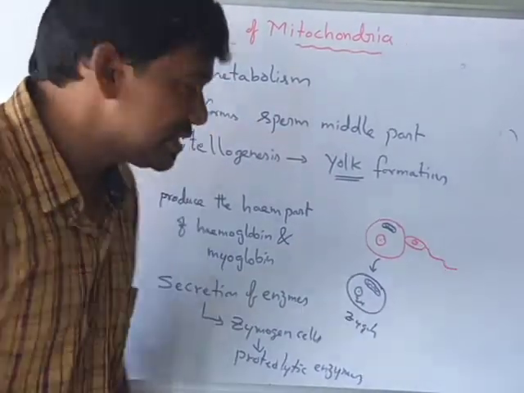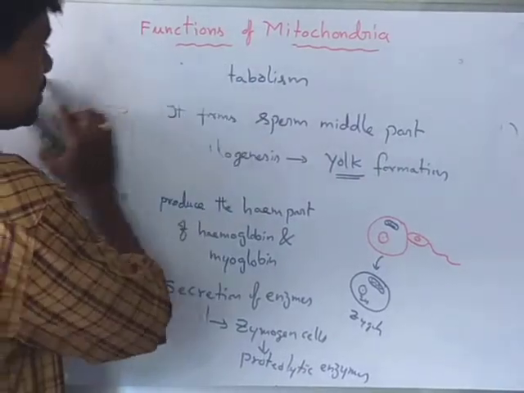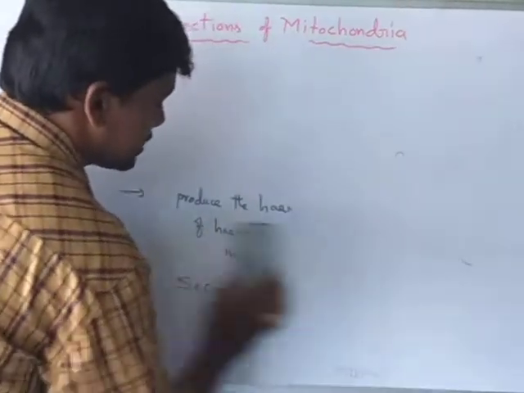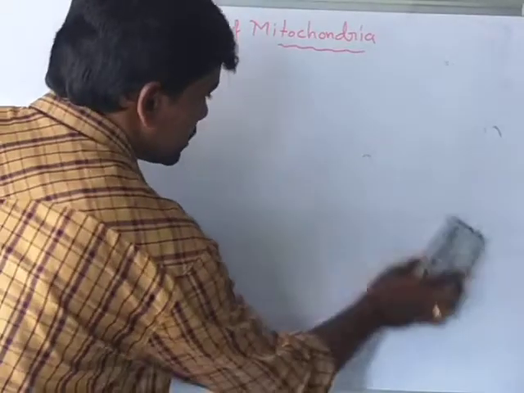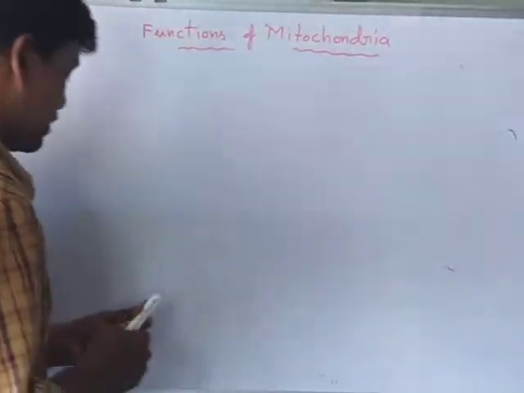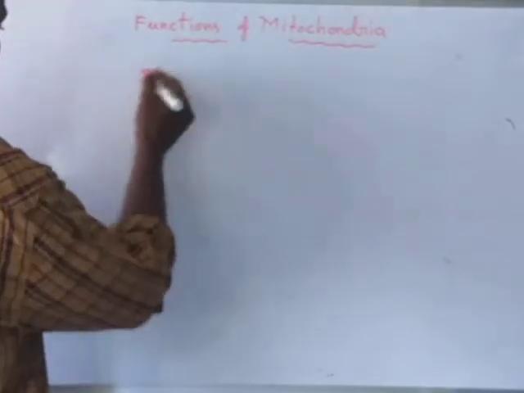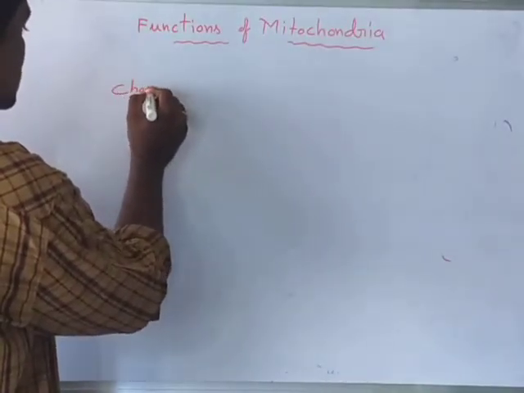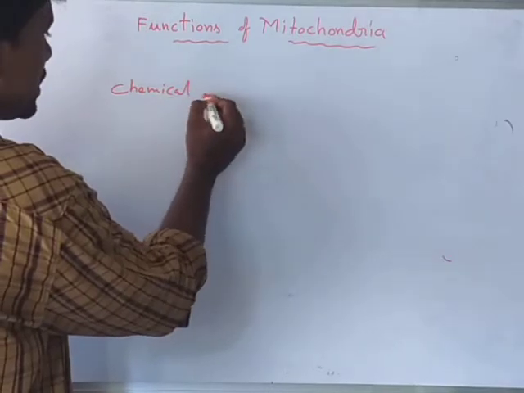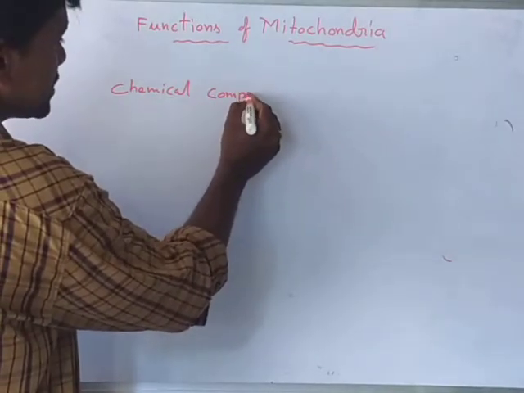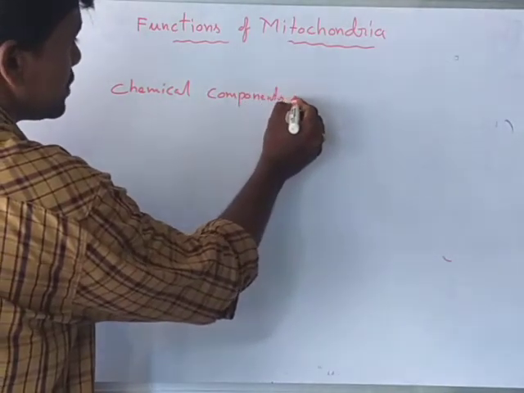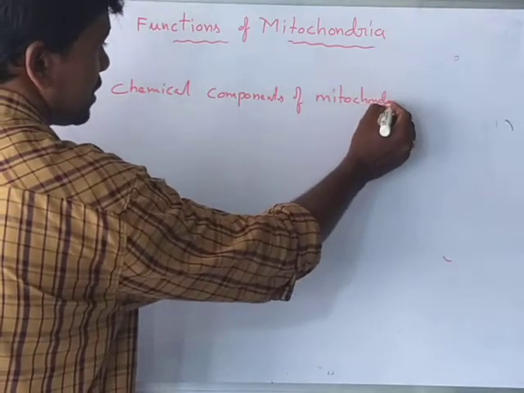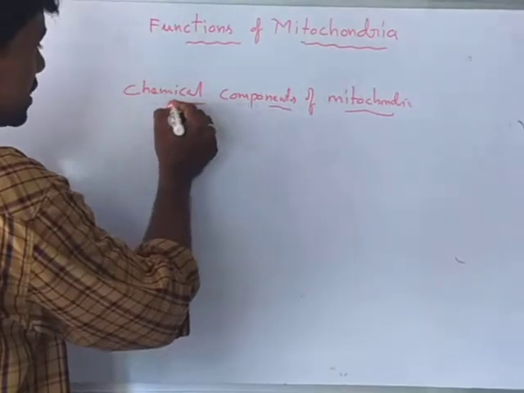There is another thing I already explained, that is the chemical structure, the chemical components of mitochondria. So what is the chemical nature?